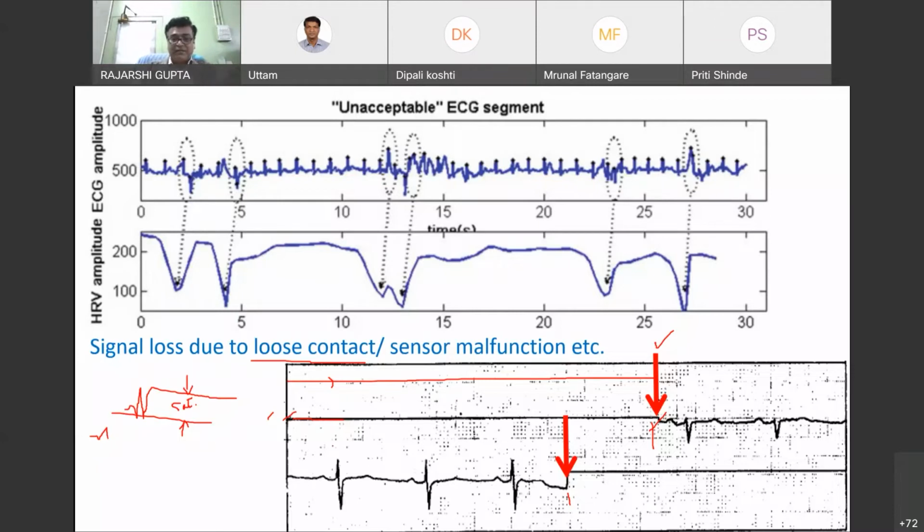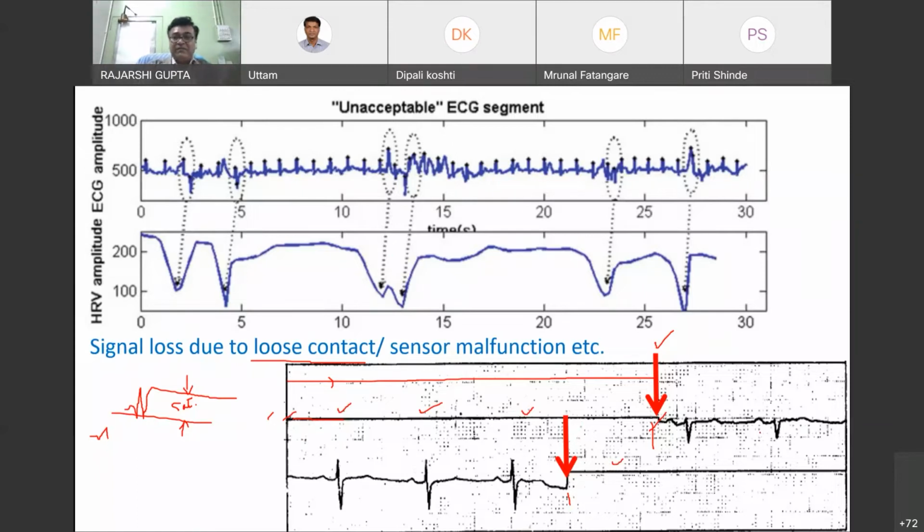Now, whenever you try to extract features from a flat signal, that means there is no signal, there will be no features. So there is no use of extracting features from a flat segment, either a zero amplitude signal or a saturated signal like here.